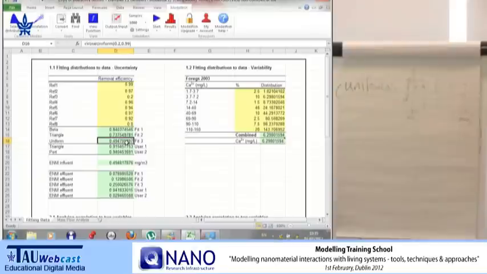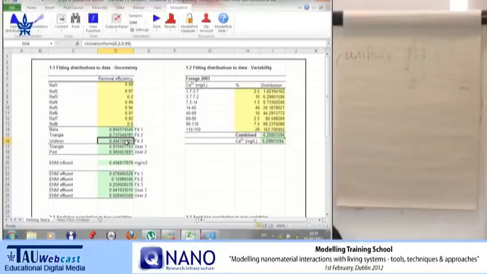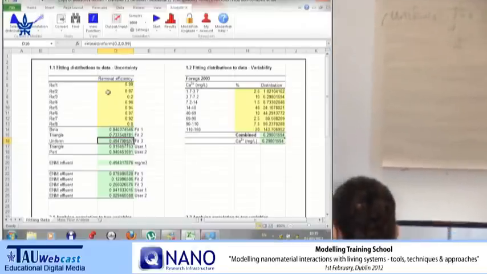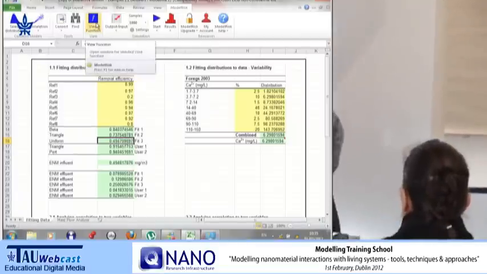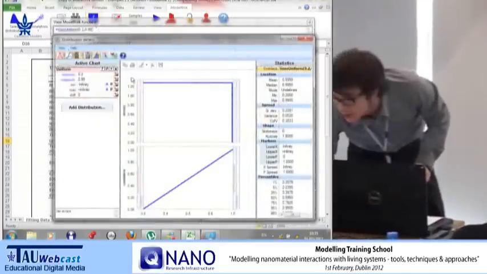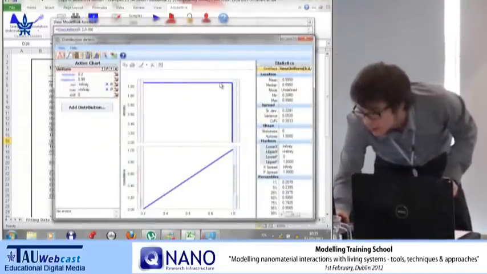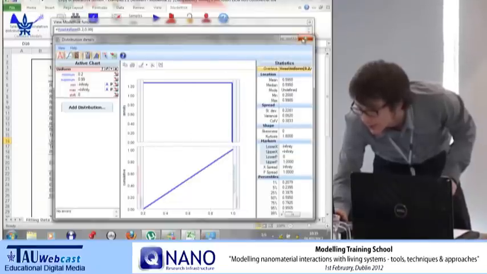Once you type that in, you can say view function and see how it looks. As I said, it's equal probability throughout.